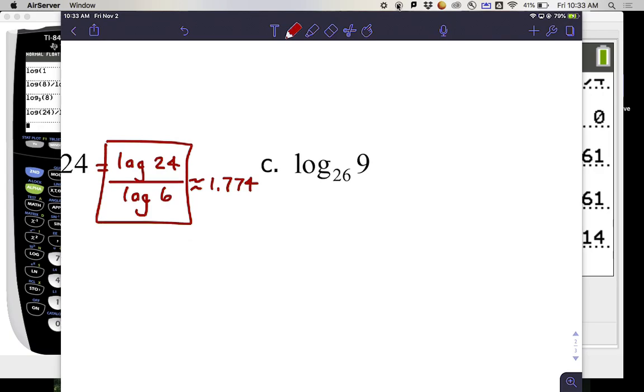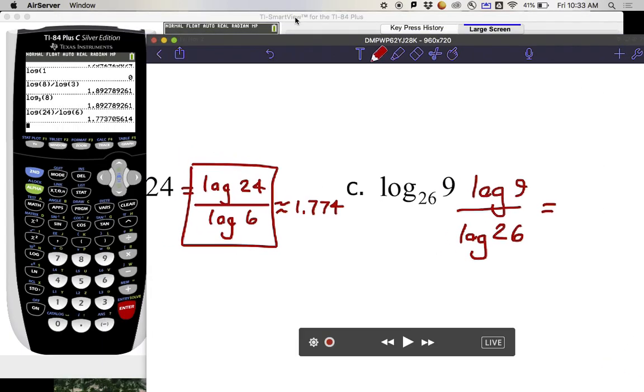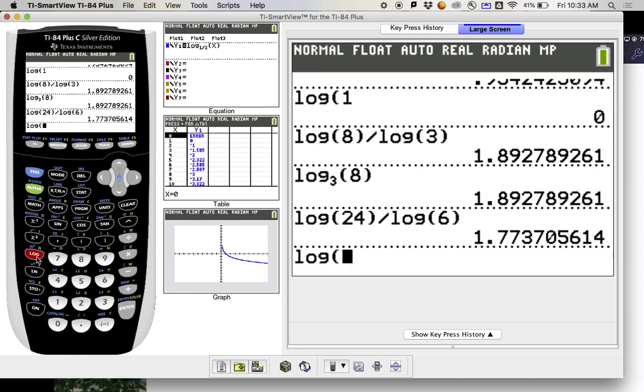Okay, last one here, I guess we'll write this as log 9 divided by log 26. So let's take our calculators to do that. Log 9, and then divided by log 26.